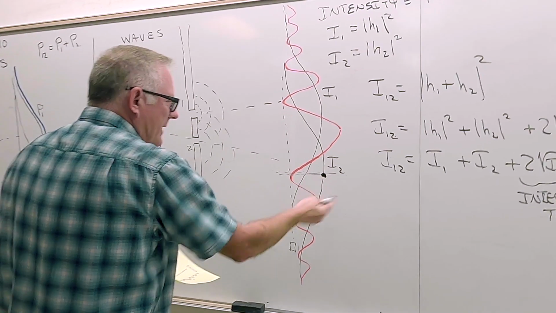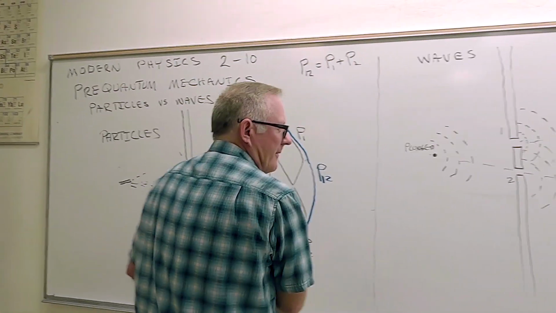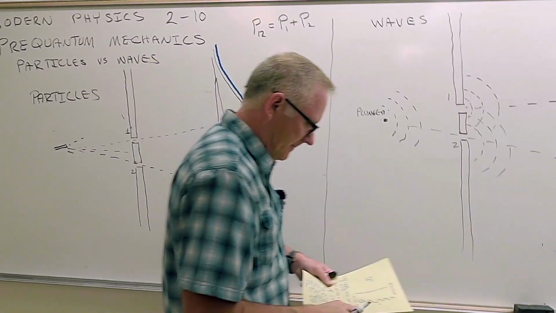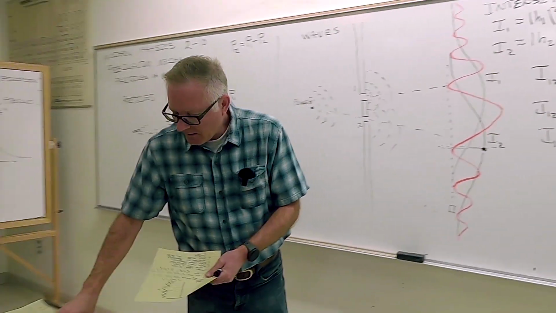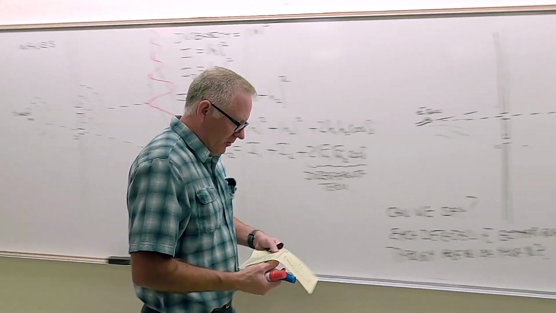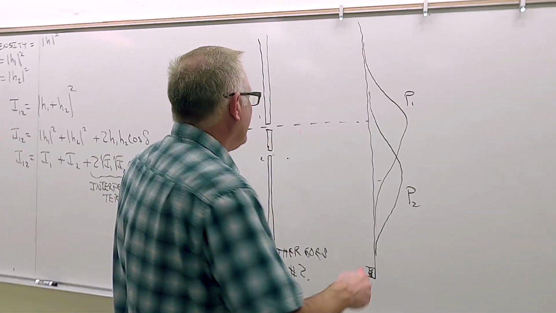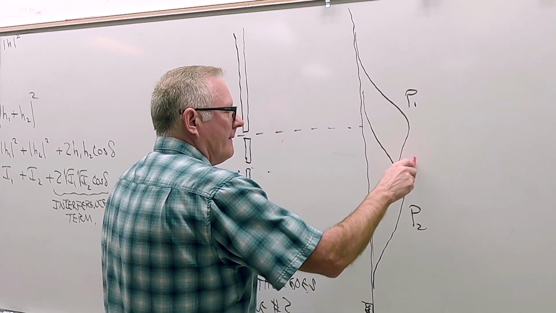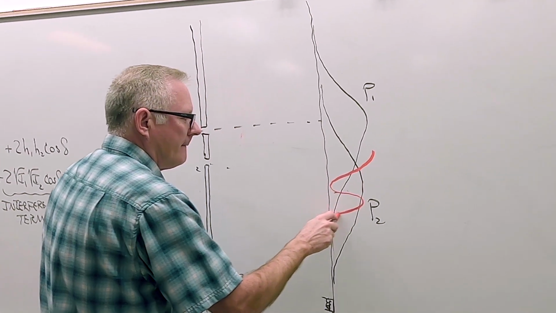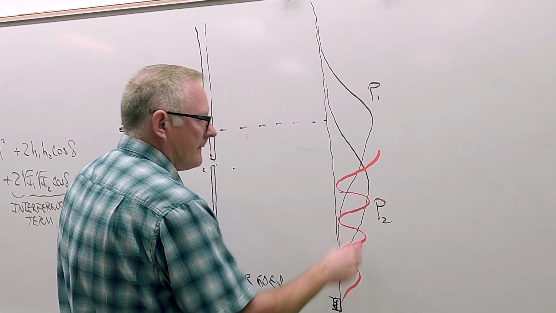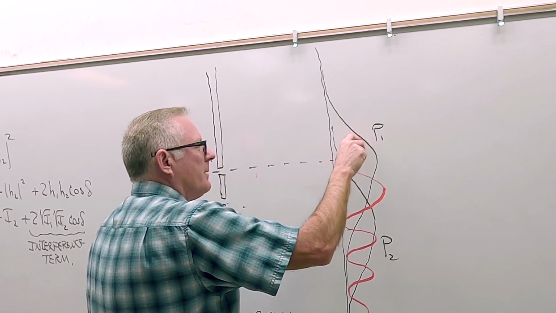Do we get the red pattern here or do we get the blue pattern? That tells us what it is. Well, if we open them both up, we actually get the red pattern. So we get this pattern right there.